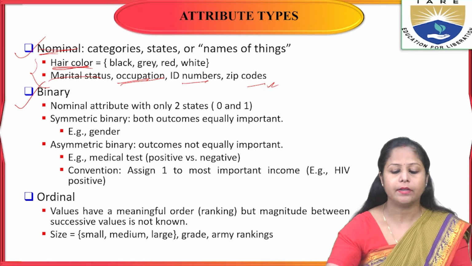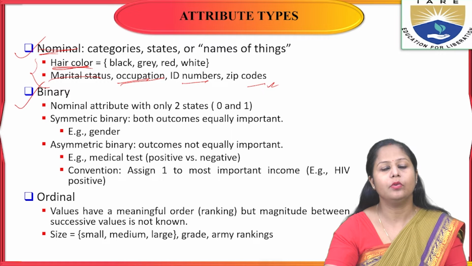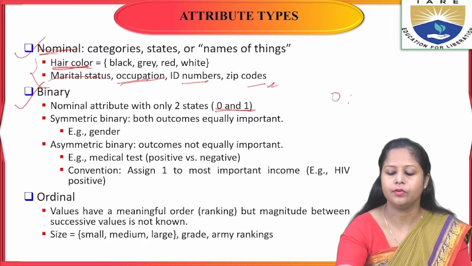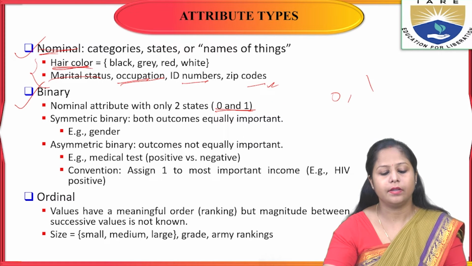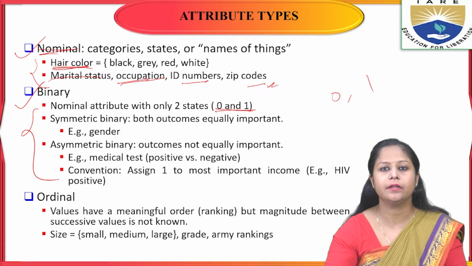What is a binary attribute? That is a nominal attribute with only two states, 0 or 1. It is of two types: symmetric binary and asymmetric binary.